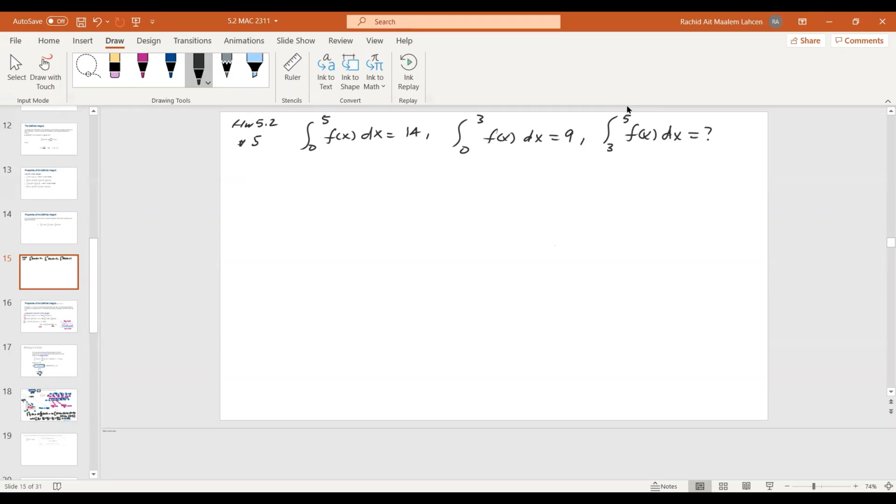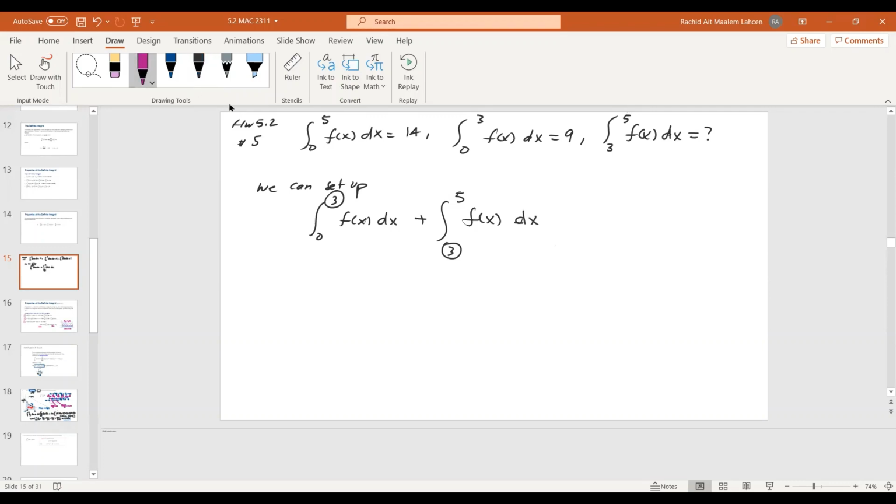So this is the same function f of x. So we can set up the integral from 0 to 3 of f of x dx, and the next one is just going to start with that, which means the adjacent, right?